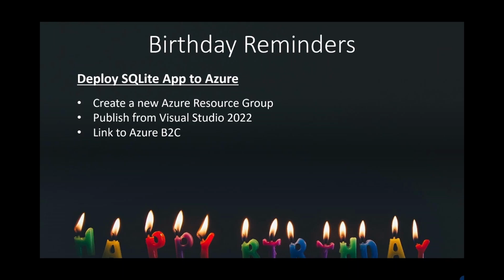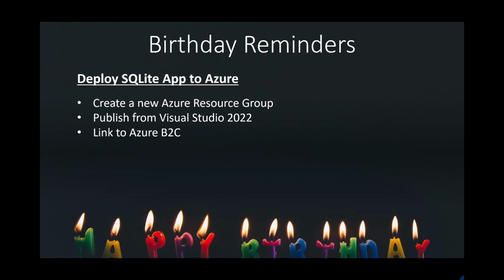The deployment to Azure should be much simpler for our SQLite version than our original SQL Server version. The reason for this is that we don't need to create a SQL Server in Azure and add the database. Neither do we need to migrate the SQL Server database from our local resource to Azure. The SQLite file should simply be included in our deployment.